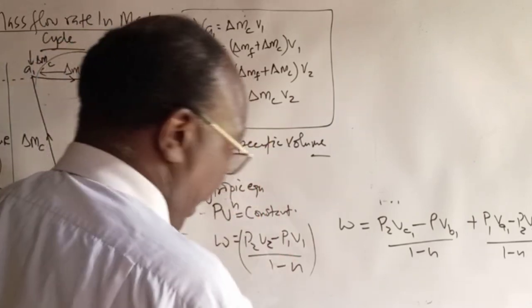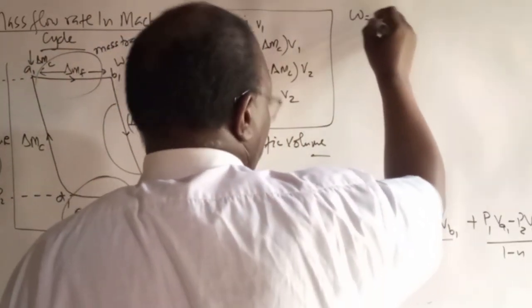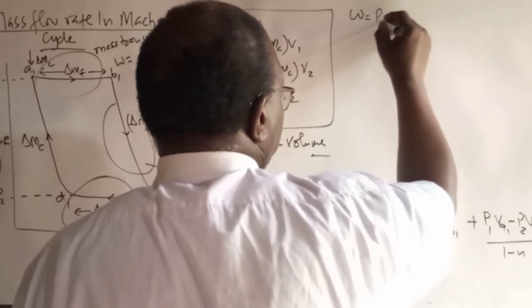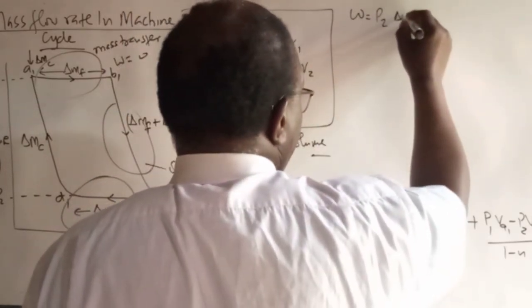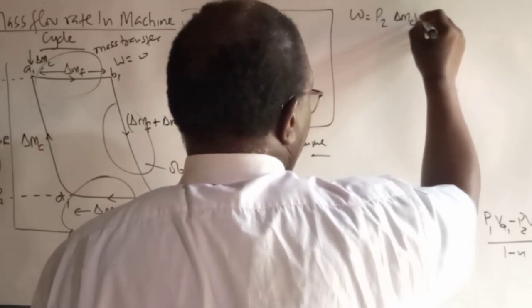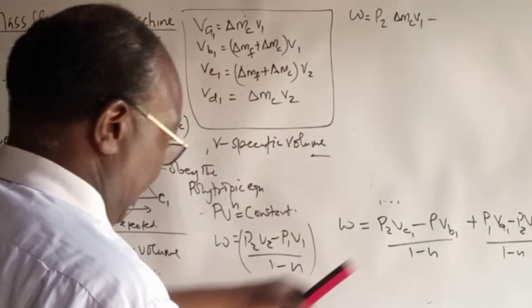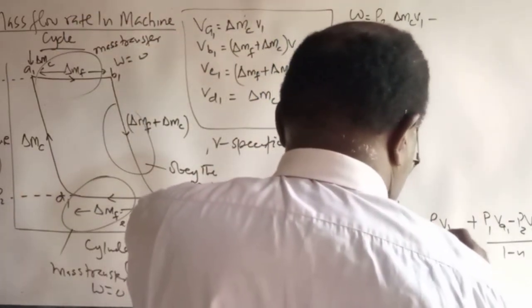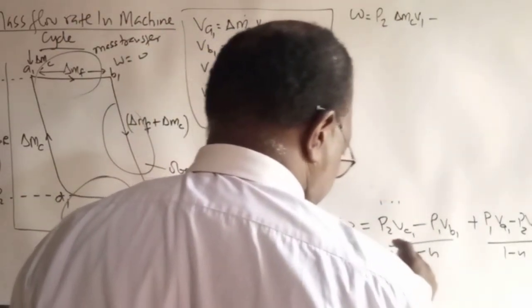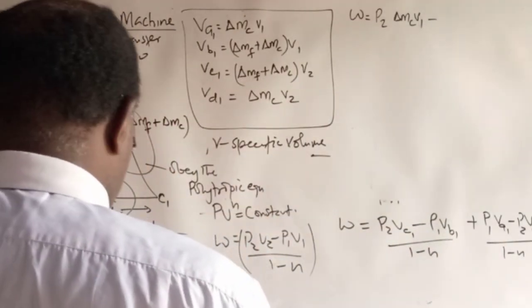Now, if we use these quantities of volumes in our expression here, then we see that W will be P2 and VA1 is delta MC V1 minus P1, so we had VC1, where are we?